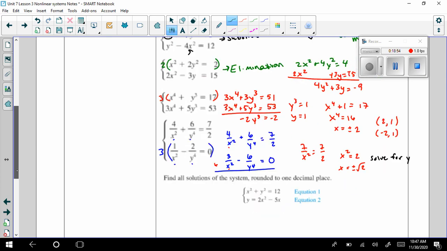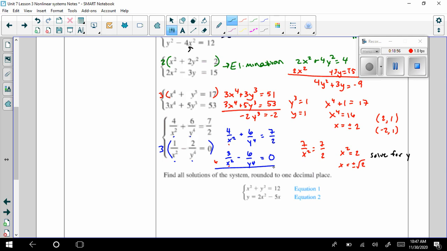You can always double check yourself in a calculator, or if the problem tells you to find all solutions and round to one decimal place, you're going to use your graphing calculator. Now, as nice as graphing calculators are, you still have to solve for y to be able to utilize them.